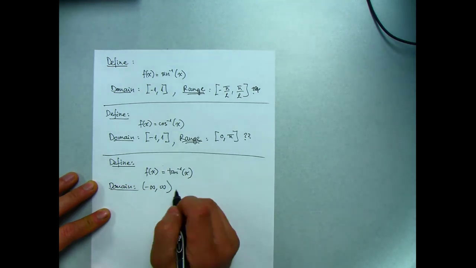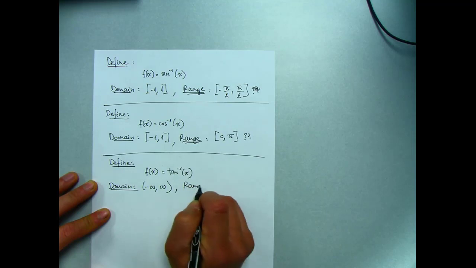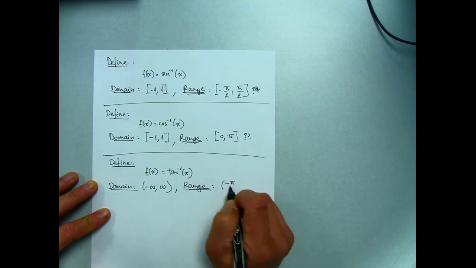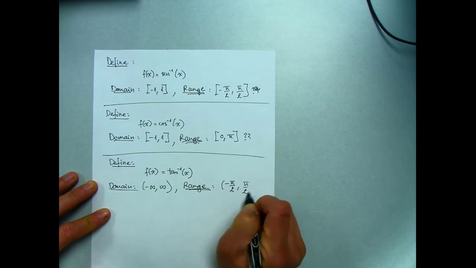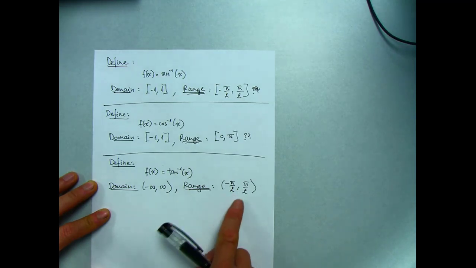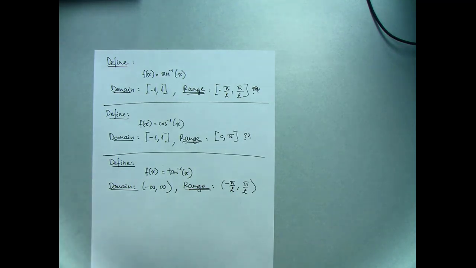But then the range for this function, taking tangent inverse, only comes out with angles anywhere between minus pi over 2 and pi over 2. Okay. And once again, let's go into the explanation of why it's taking that range.